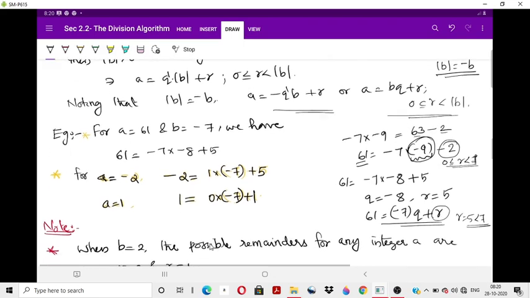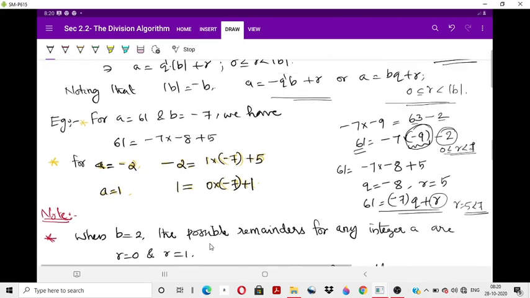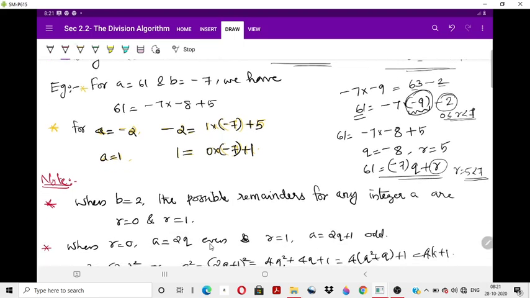Now consider b equal to 2, or any integer when we divide it by 2. By the division algorithm, the remainder r satisfies 0 less than or equal to r, which is less than 2. So r is an integer and the only possibilities here will be either r equal to 0 or r equal to 1.